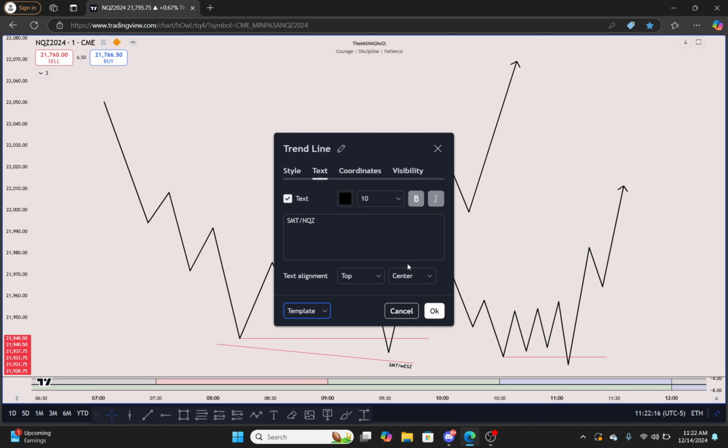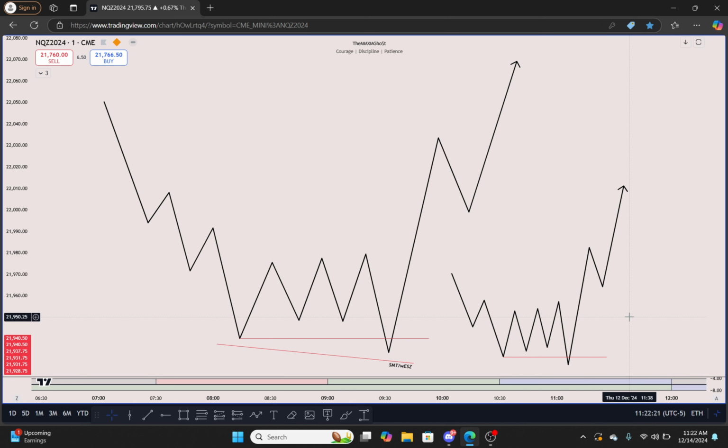I'm going to explain briefly why there was an SMT on those lows, and it has to do with the quarters. So a little bit of insight behind how I'm using SMT.